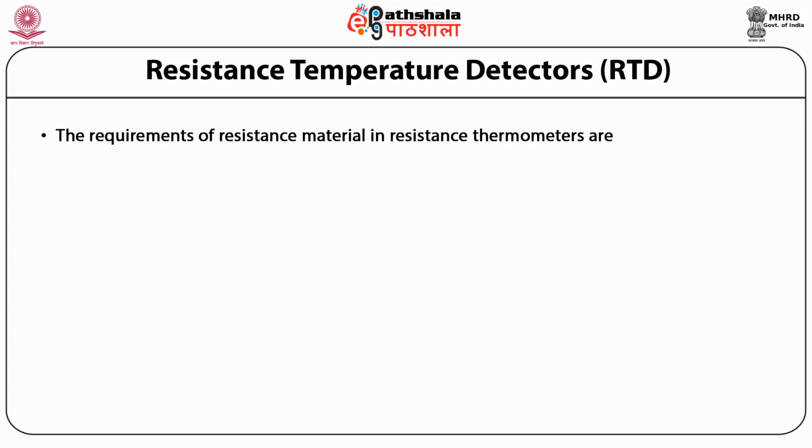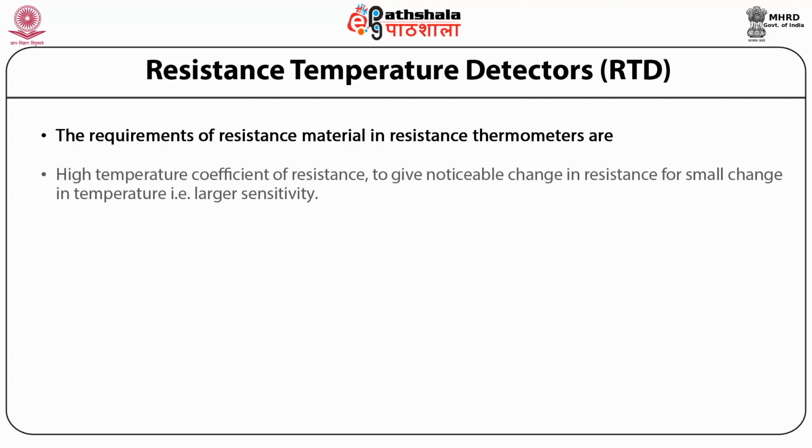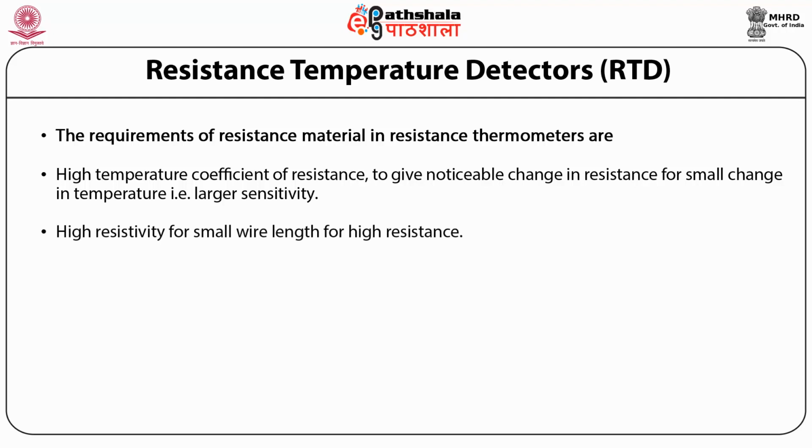The requirements of resistance material in resistance thermometers are: first, a high temperature coefficient of resistance to give a noticeable change in resistance for a small change in temperature, that is, large sensitivity. Second, high resistivity for small wire length for high resistance.